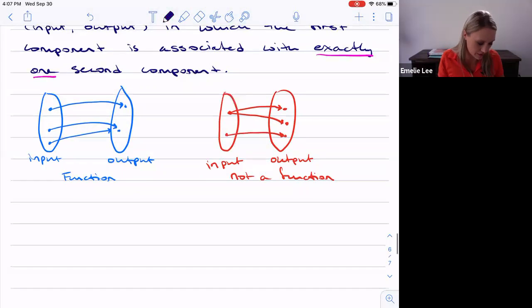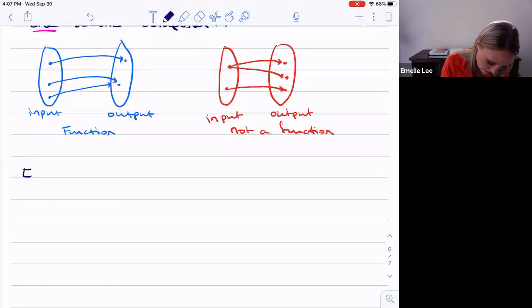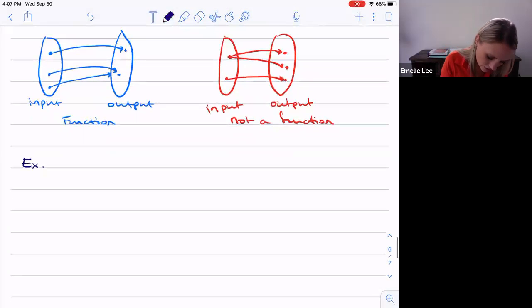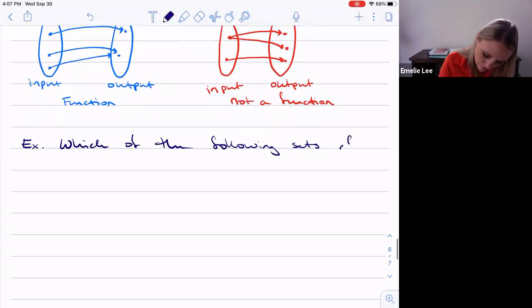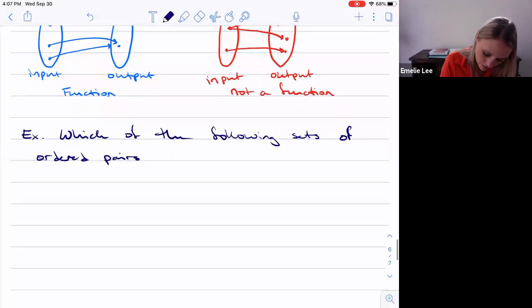So let's have a look at an example of this. Which of the following sets of ordered pairs are functions?